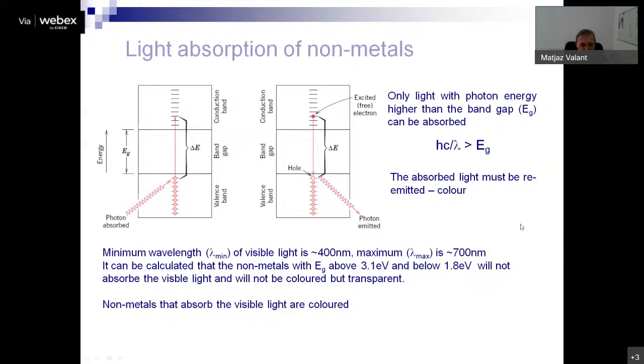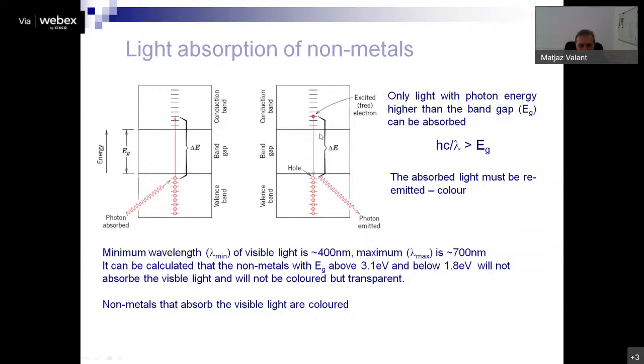First of all, this electron here will, as we called it, thermalize. It will slowly move to the bottom of the conduction band. It will just increase the vibrational modes in the material, so it means it will heat up the material a little bit.